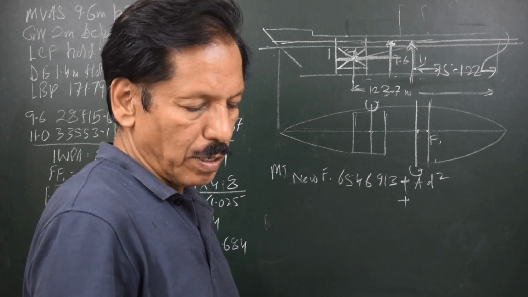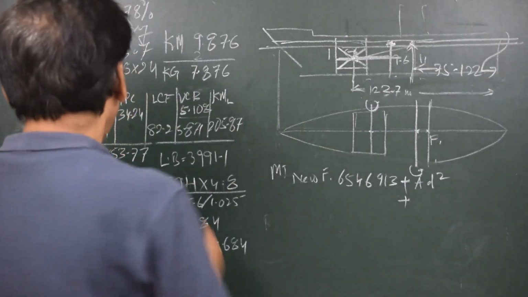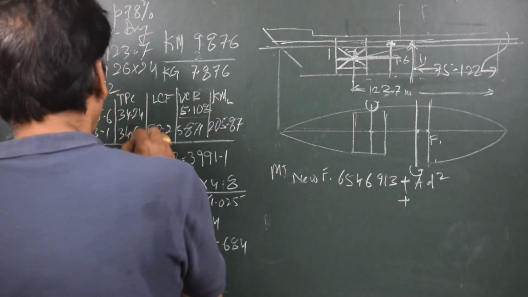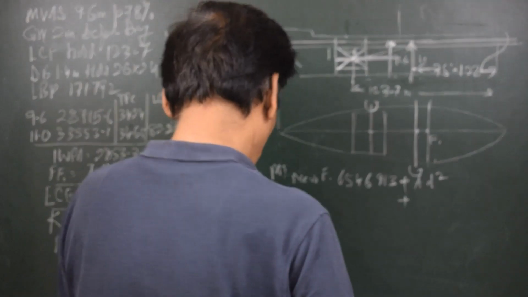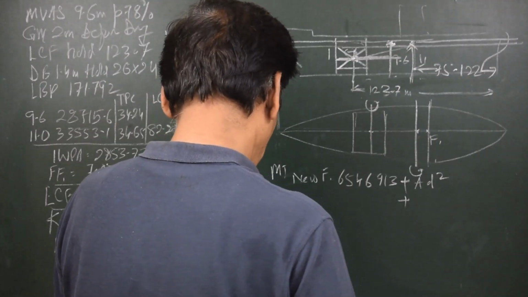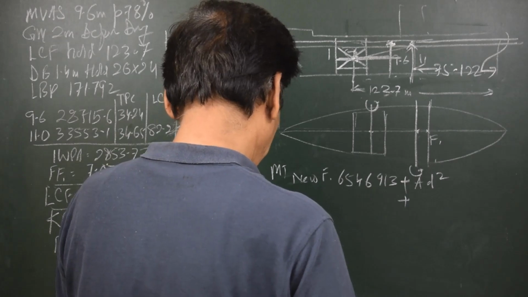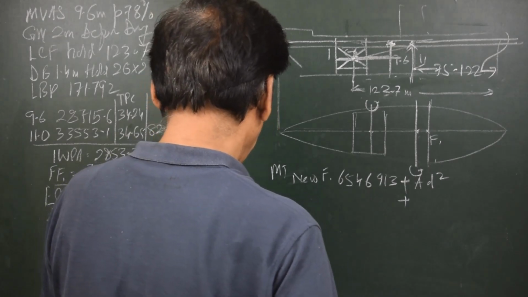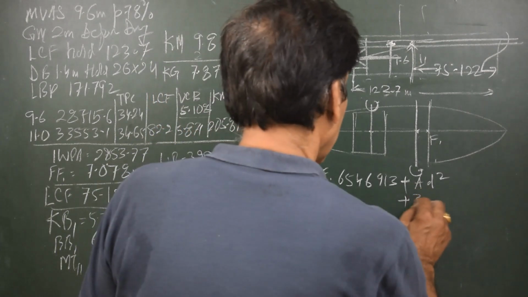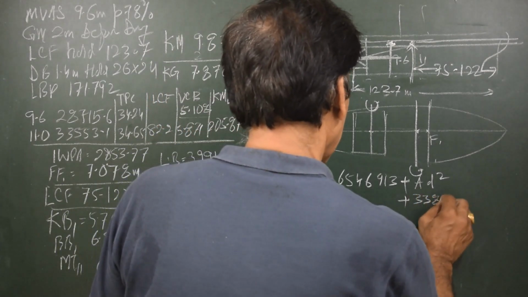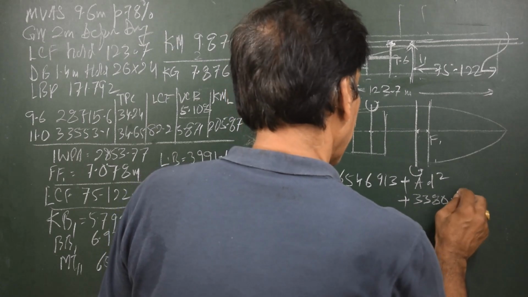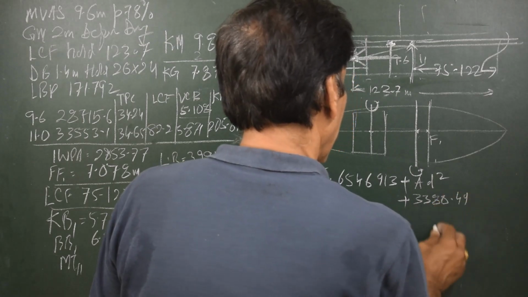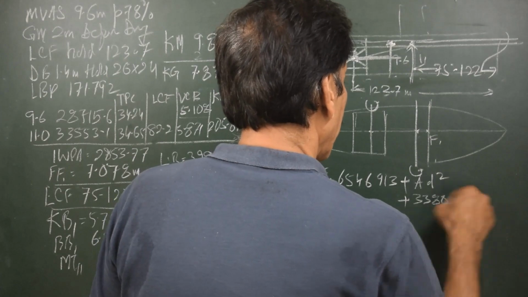TPC at 11-meter draft is 34.65. So we will say 3465 divided by 1.025. That is the area, 3380.49, and multiplied by D square.